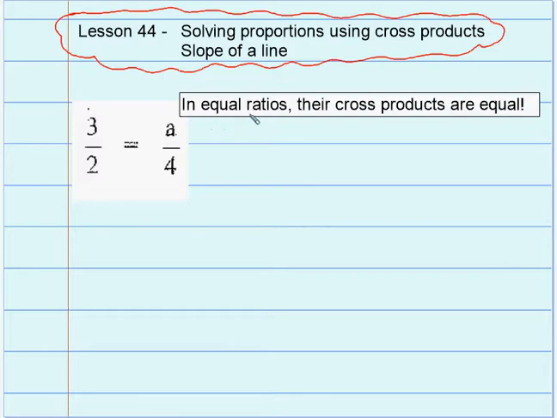But in equal ratios, their cross products are always equal, okay? And what that means is that anytime you have a fraction that equals a fraction, you have to have the equal sign there.